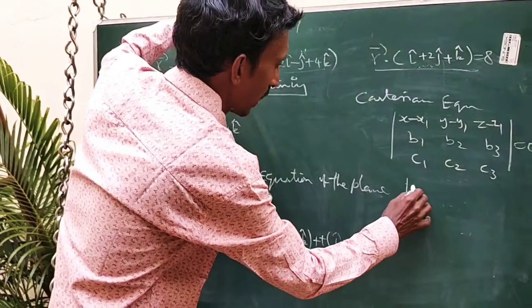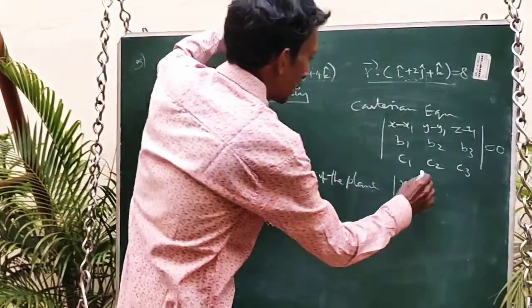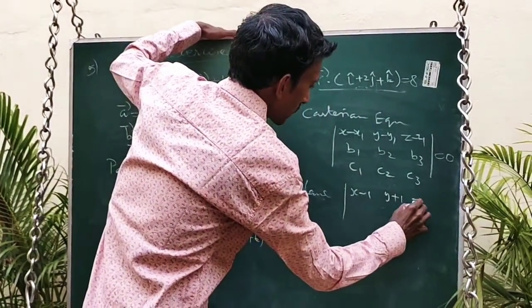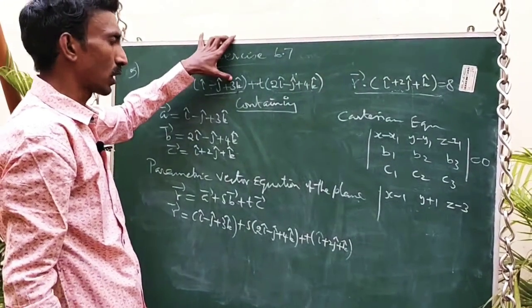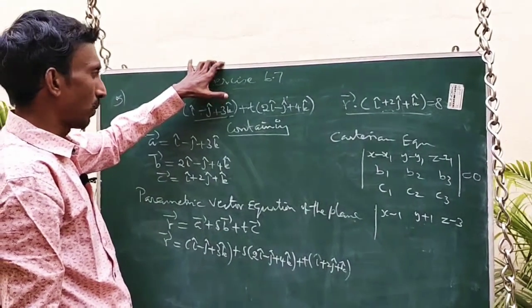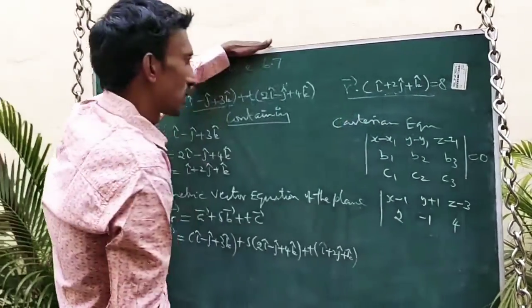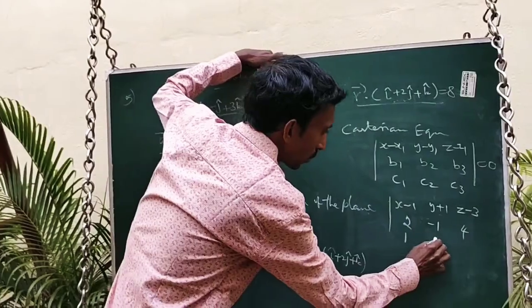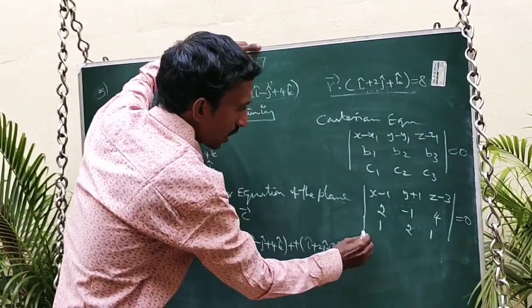So x minus 1, y plus 1, z minus 3. And b1, b2, b3 is 2, minus 1, 4. c1, c2, c3 is 1, 2, 1. Just expand this as usual.